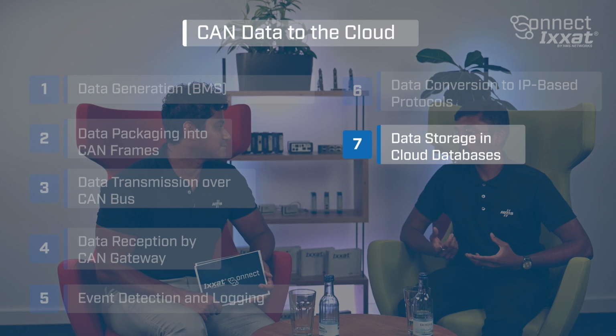The important element here is that the data is being transferred via secure channels. Once received by the cloud, the data is stored in databases, and here redundancy and backup strategies are implemented to prevent data loss and to ensure that the data is available at all times.